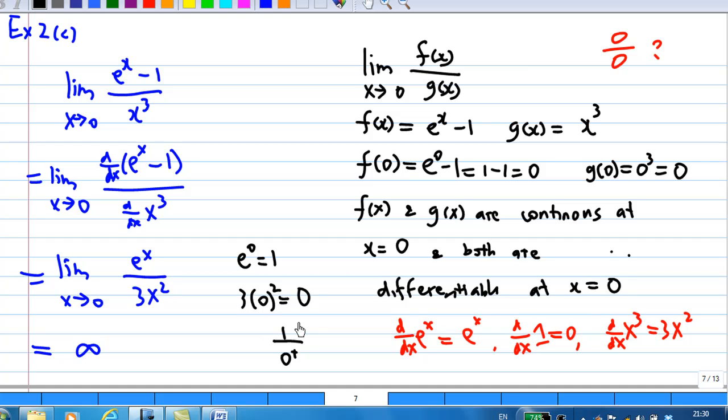So e to the power x over 3x squared will become 1 over 0 plus, and that will give me infinity, and that is why the answer is infinity.